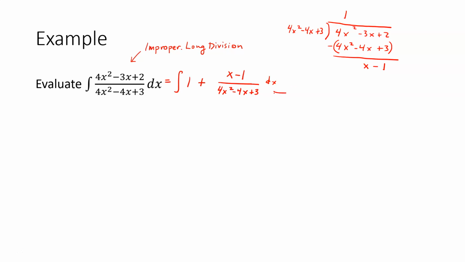You can check here if you're not sure, but we can tell that it's irreducible by doing the discriminant, b squared minus 4ac. So b squared is 16 minus 4 times 4 times 3.